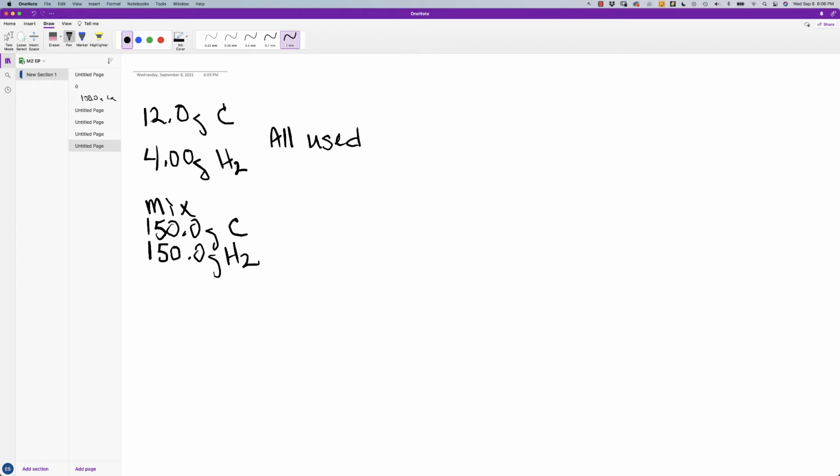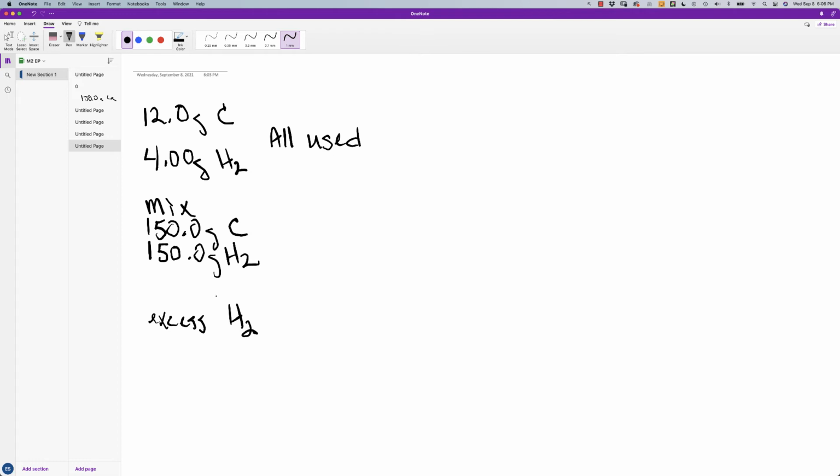So we're going to use more of the carbon than of the hydrogen in this mixture as well. That means we will end up using all of the carbon and some of the hydrogen. So right off the bat, we know that what's going to be in excess when we're done is the hydrogen. Now we just need to figure out how much.